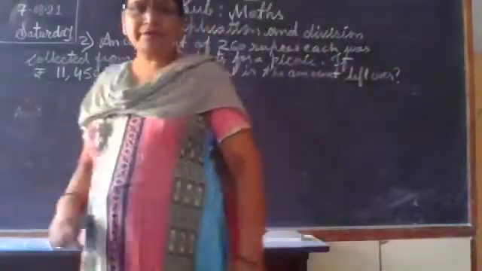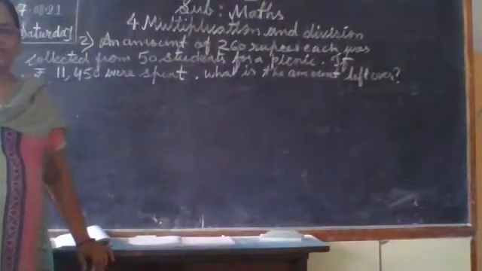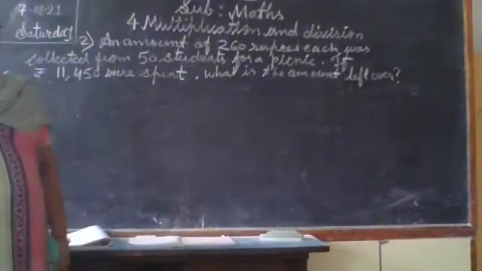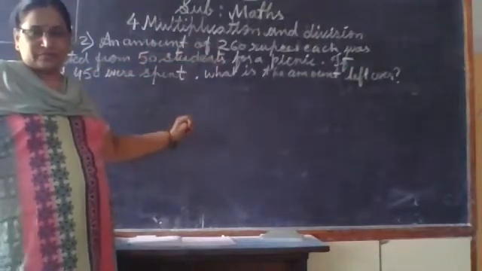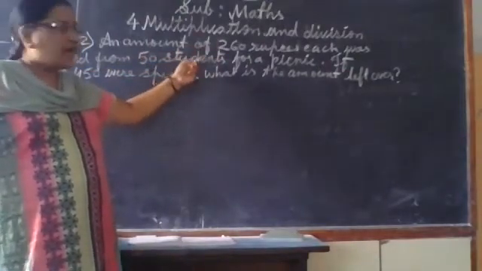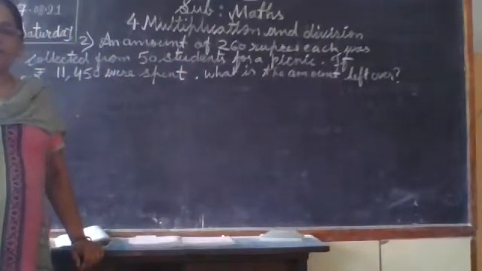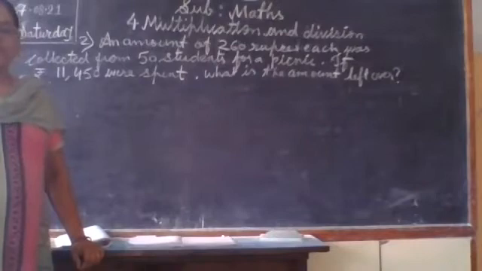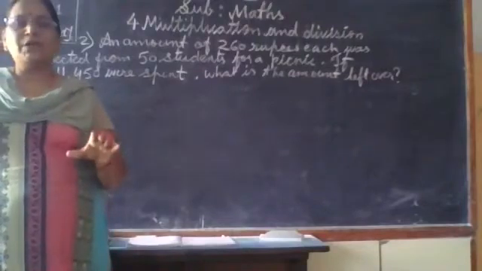Got it? An amount of 260 rupees each means each student gives 260 rupees. The total number of students is 50. So what is the total amount collected from the 50 students? We will multiply 260 and 50, and we will get the total amount collected.